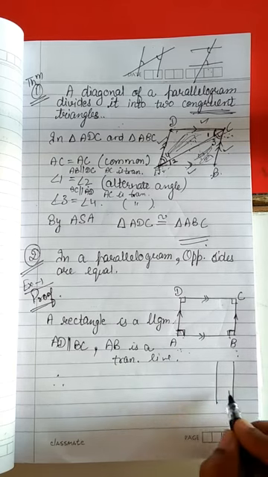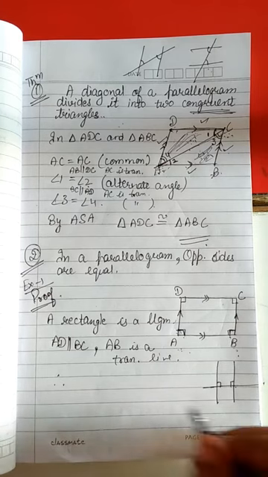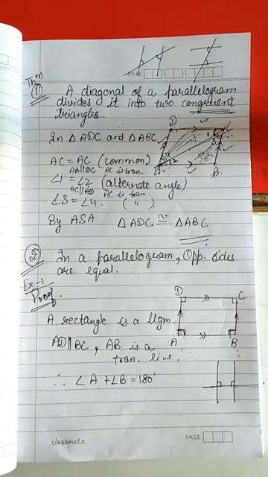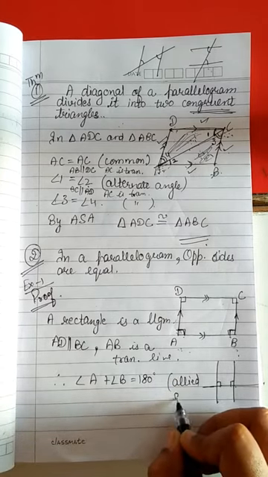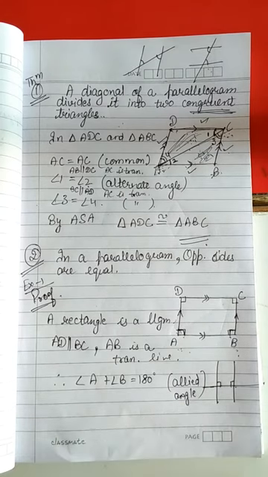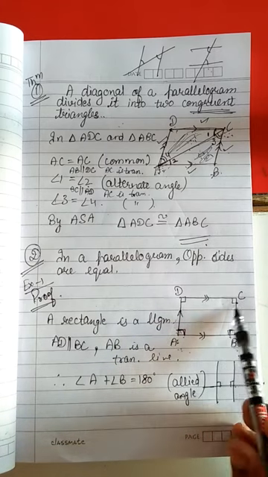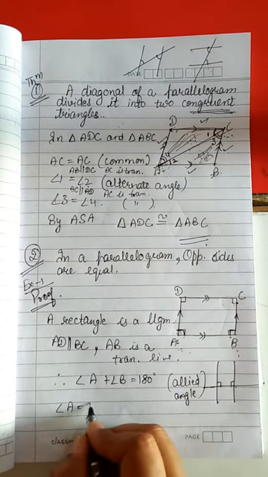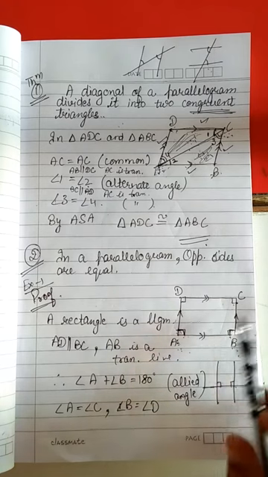We have learned that if a transversal line cuts two parallel lines, then this angle and this angle are both co-interior. Okay, so angle A plus angle B is equal to 180 degrees. Interior angles on the same side of the transversal, or you can say allied angles, or co-interior angles. Clear? Next, we also know that angle A is equal to angle C and angle B is equal to angle D because opposite angles of a parallelogram are equal.